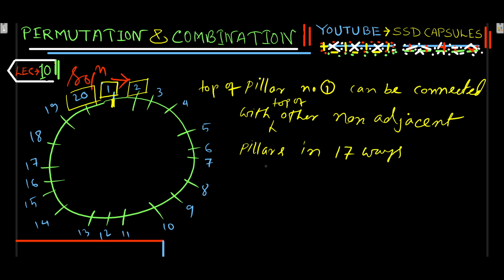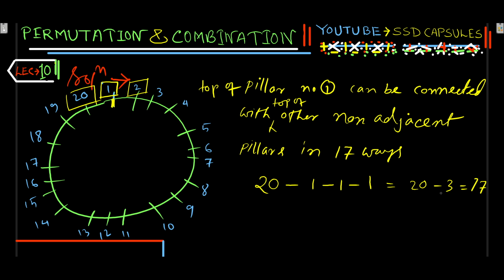How? Because the total number of tops available is 20. Now we subtract pillar number 1 itself and the two adjacent pillars, that is pillar number 2 and pillar number 20. So 20 minus 3 means 17. So pillar number 1 can be connected in 17 ways to the other non-adjacent pillars.